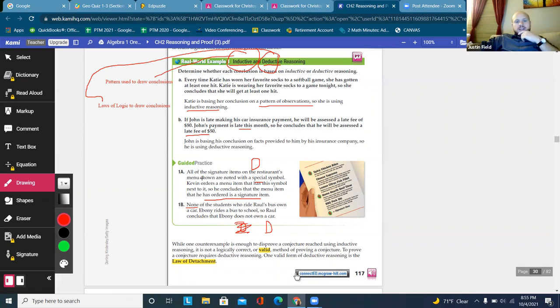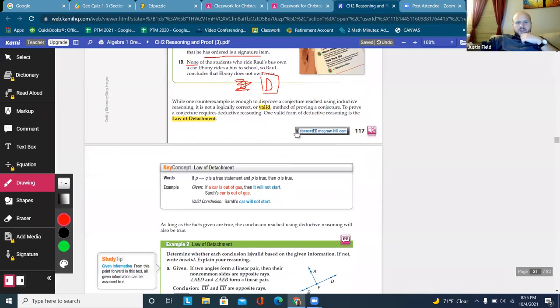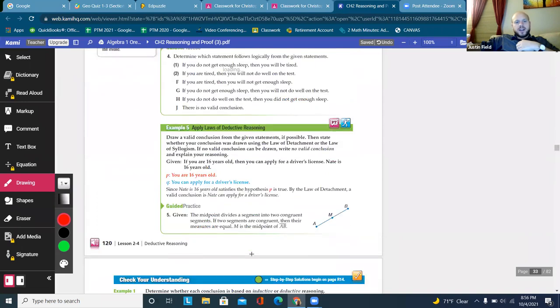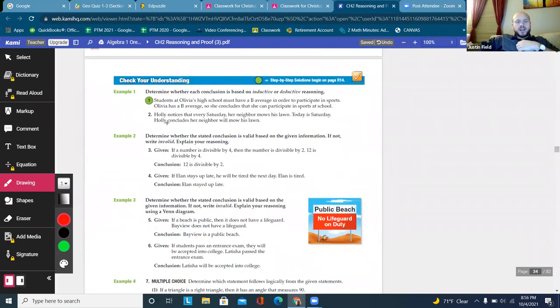So let's look back at the signature items and see if we can use that same law. All of the signature items have a special symbol. Kevin orders it, it has a symbol. He concludes it's a signature item. So they're both deductive reasoning. All right. So because that was not an inductive reasoning, let's go ahead and go to the check your understanding and let's see if one of these is inductive.